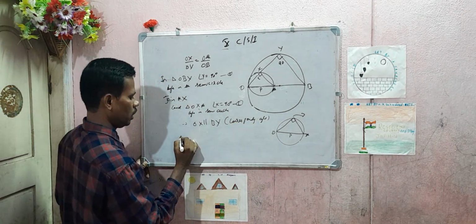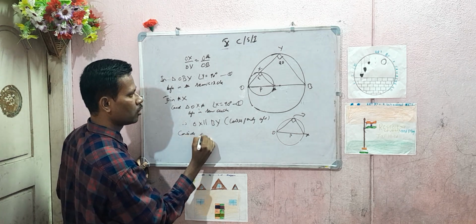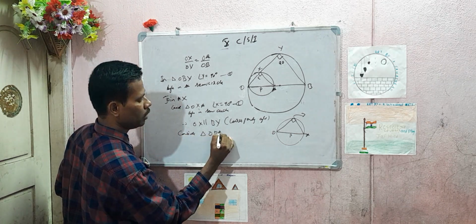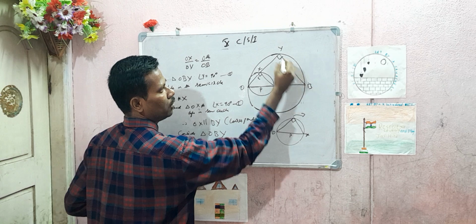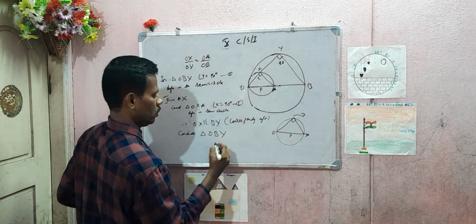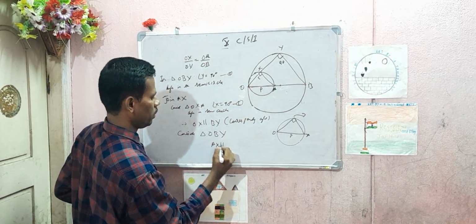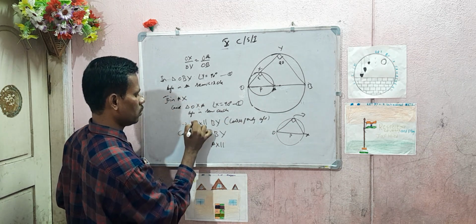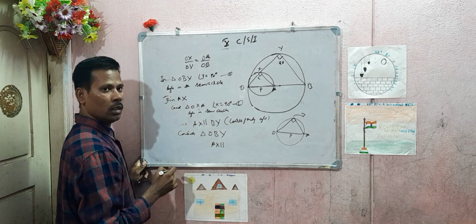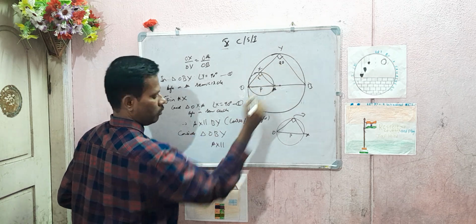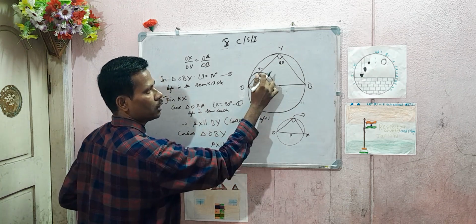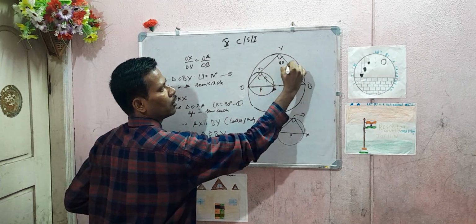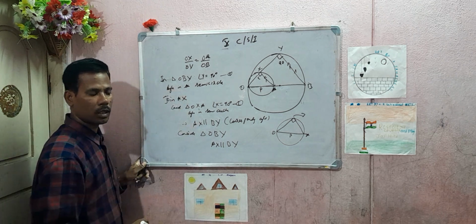Now consider triangle OBY. AX is parallel to BY. This line is parallel to this one. Use the basic proportionality theorem.